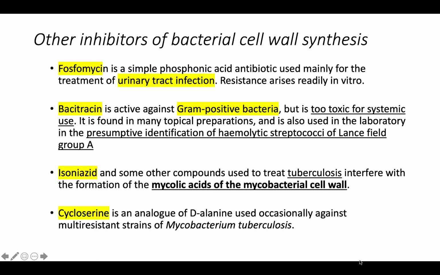It's too toxic for systemic use, that's why it's only used for creams, and we will use it later to identify group A hemolytic streptococci. So it can be used by bacitracin resistance versus sensitivity.